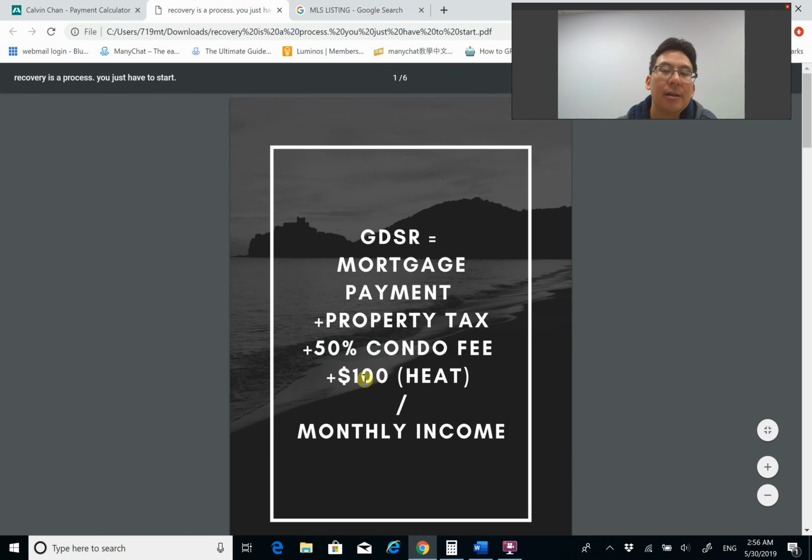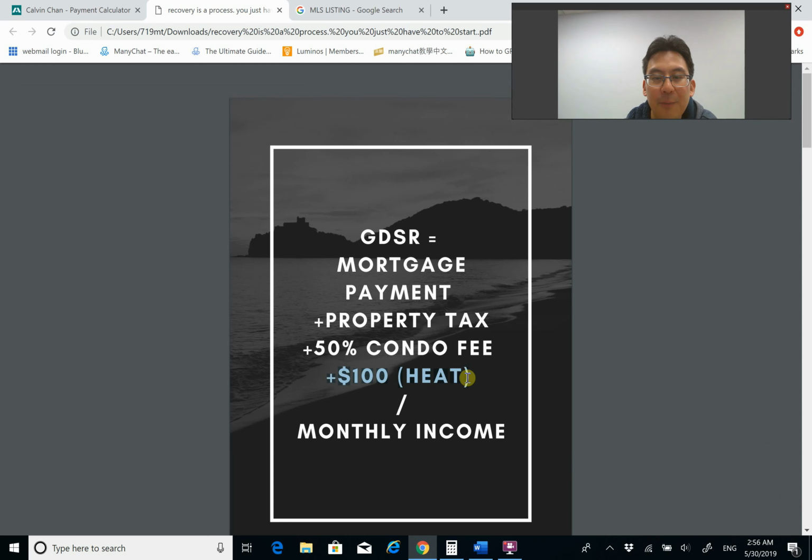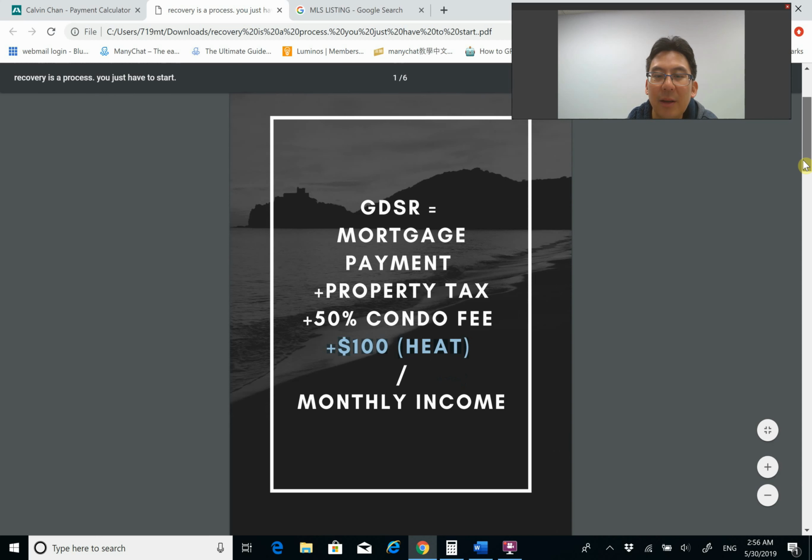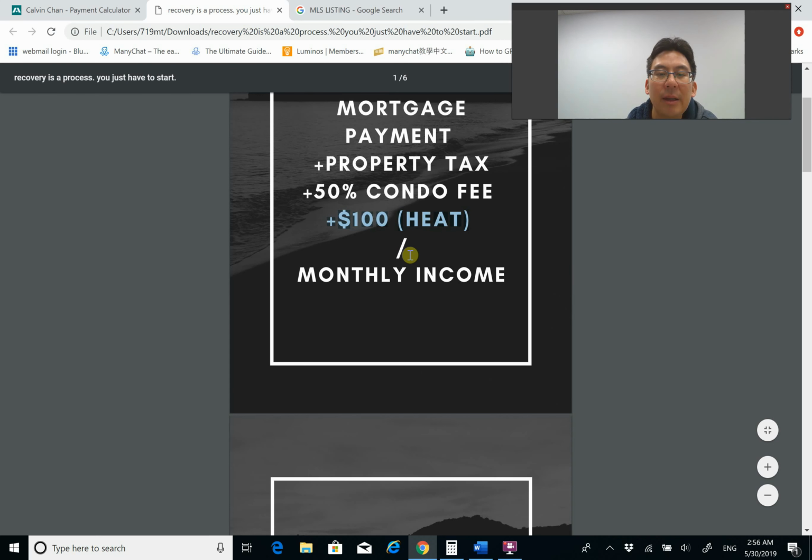And lastly, you need to add $100 heat, right? Usually the big five banks right now add $100 heat to your monthly payment. So you add up all this. So 3,800 something, this one assumes 1,500 per year, so it's about $100 per month, 50% condo fee, the heat, then you divide these numbers by your monthly income.